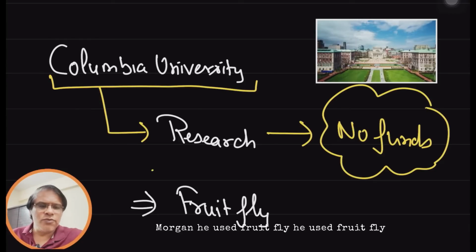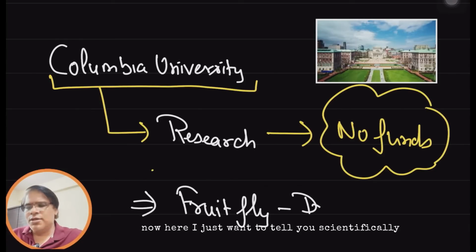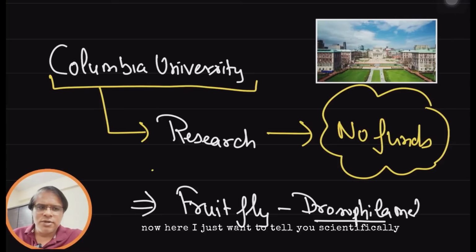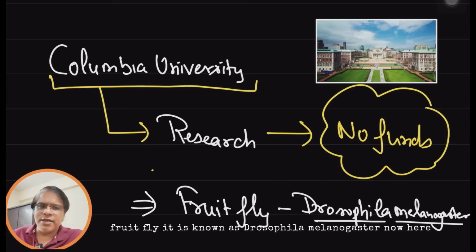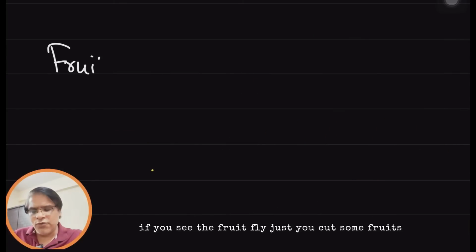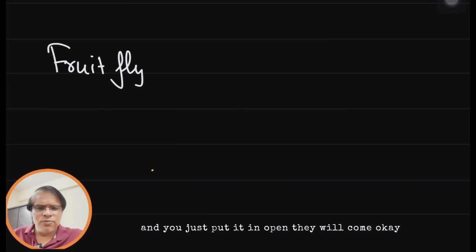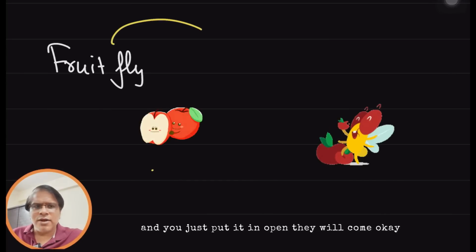Scientifically the fruit fly is known as Drosophila melanogaster. If you cut some fruits and put them in the open, they will come.